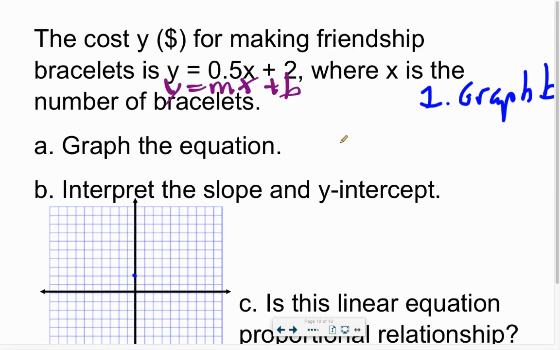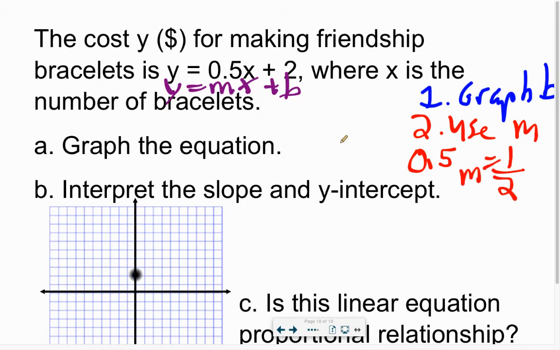So I'm going to put a dot there. I'm going to switch over to the black so it jumps out a little bit better. You can see it. Then it says to use slope. Step 2, use your slope, m. Now, 0.5 is m. That's great, and you can use that, but I'd like to switch that to a fraction. Half, or 0.5, or 5/10 is the same as 1/2.